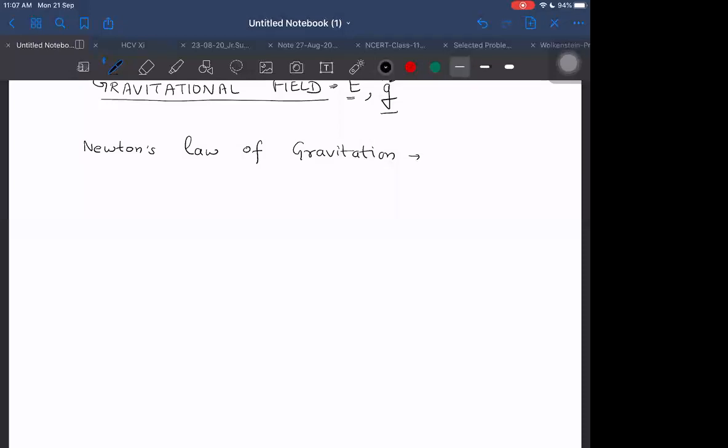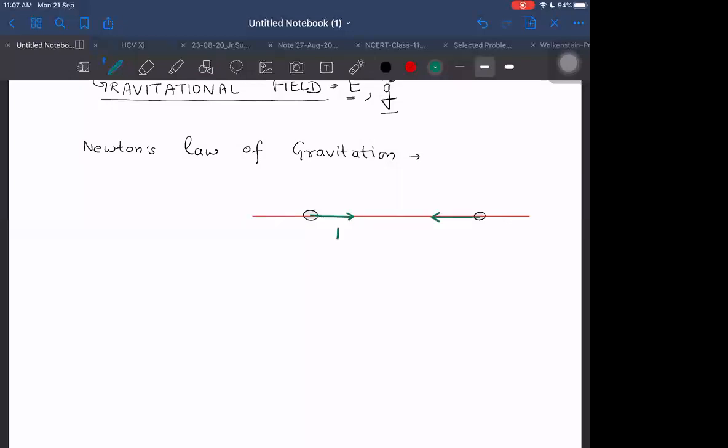It states that force between any two particles acts along the line joining these bodies, and the direction will be attractive. It will attract each other, along the line joining and towards each other.